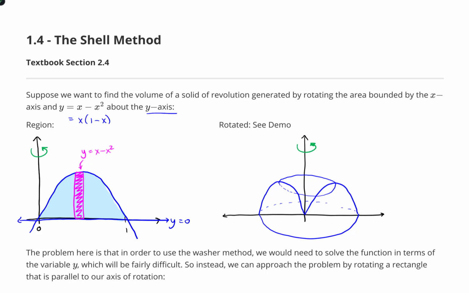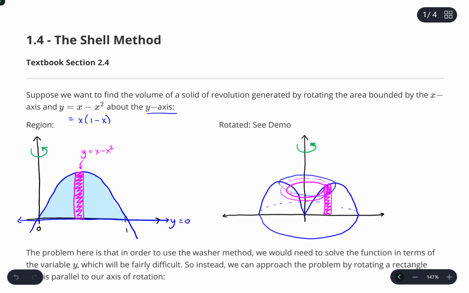But really, the most important thing that you understand here is that if I take a single rectangle and rotate this rectangle around the y-axis, that point would rotate around like that. This point would rotate alongside it.